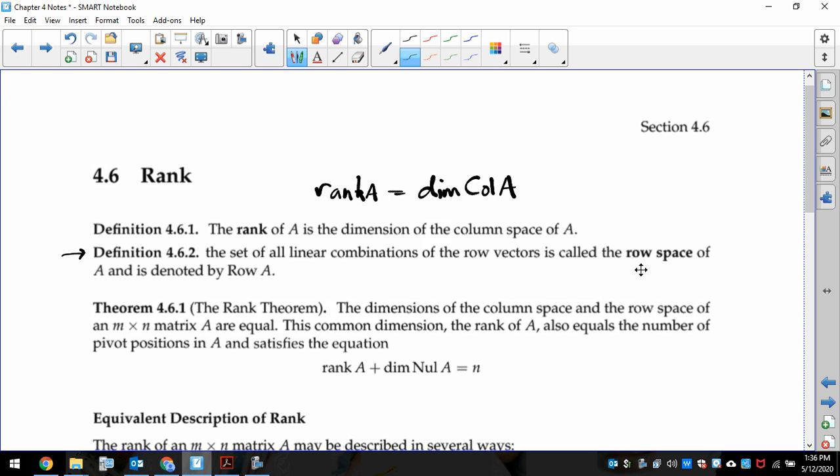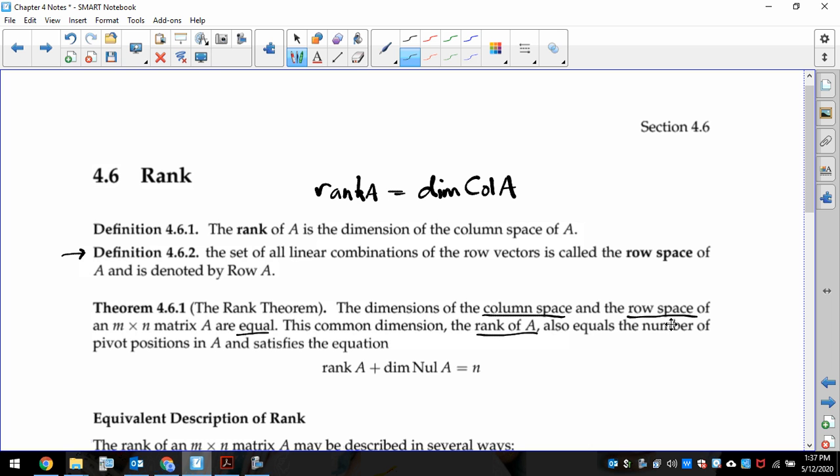So if you take each row and you do linear combinations, you get what's called the row space of A. Now, it turns out that the dimension of the row space, so the number of linearly independent rows, is the same as the number of linearly independent columns. So the dimension of the column space and the dimension of the row space are equal. They happen to be the same thing, which that common dimension we're going to call the rank.